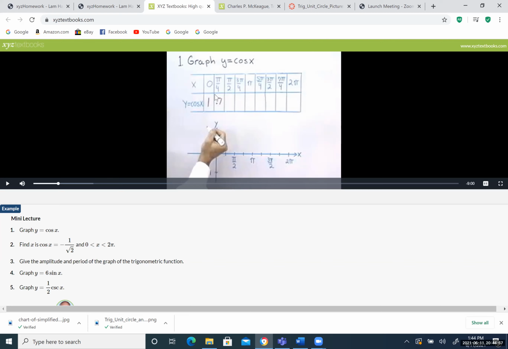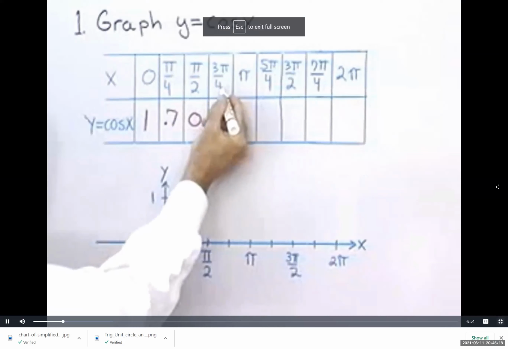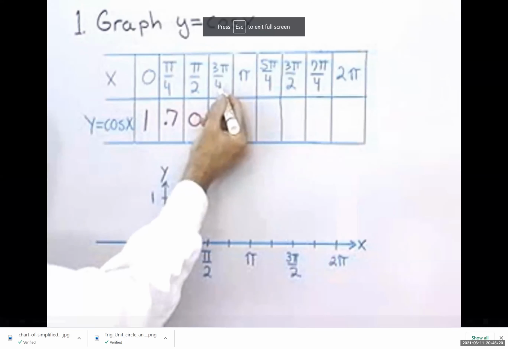So like I said, on a graph you might write 0, pi over 2, pi, 3 pi over 2, and 2 pi. That's good enough for me, but again, it's up to you. Okay, when x is equal to pi over 2, cosine of pi over 2 is going to be 0. When x is 3 pi over 4, I know I'm in quadrant 2.